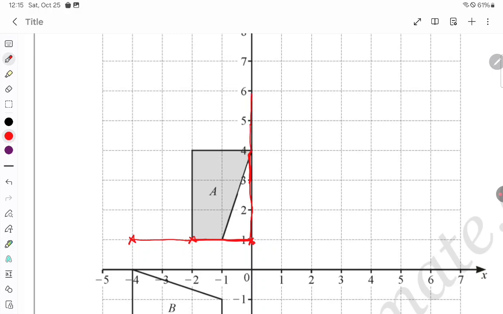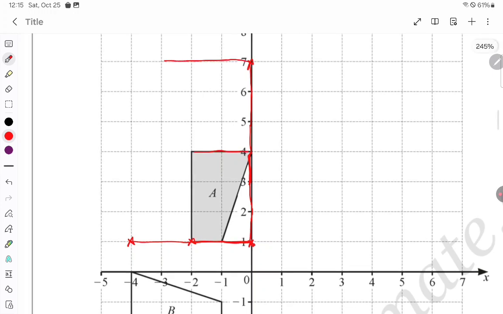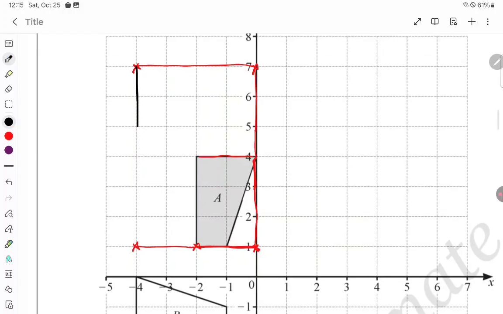And this 2 will become 4. Just simply join the lines. And this is our enlargement by a factor of 2.